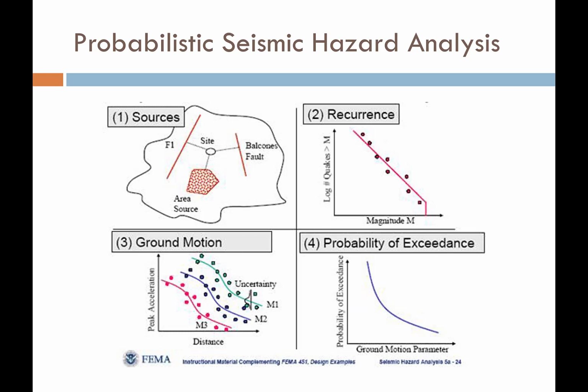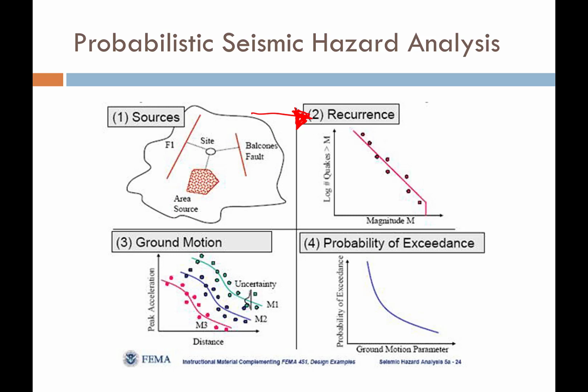So that's the whole point of a PSHA. Again, here's your site, and you have all these different faults and seismic sources around your site, just like we did with the DSHA. But now in this instance, instead of just analyzing each one like it's going to go, we're going to look at the recurrence or the likelihood of different magnitudes occurring on each one of these faults.